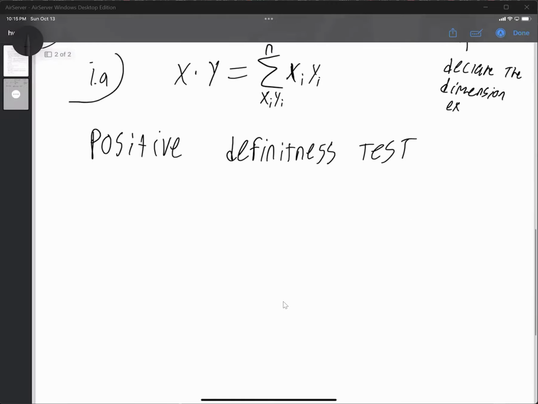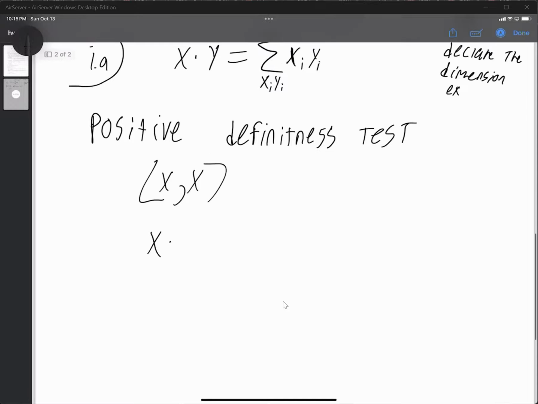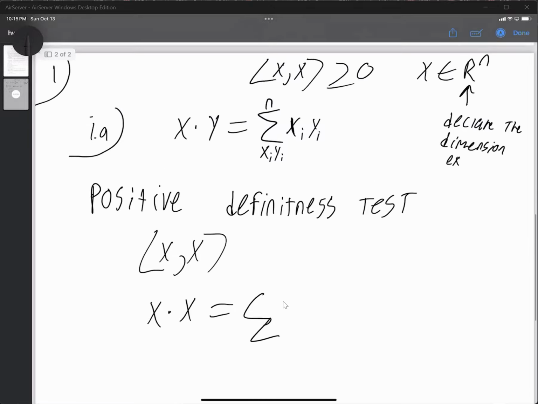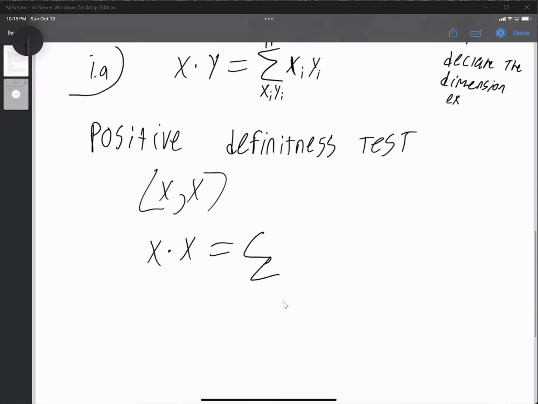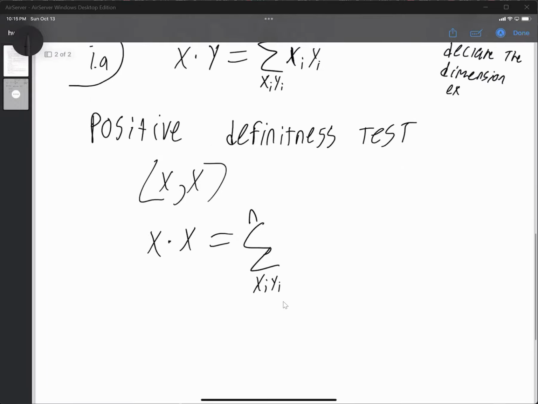So, if we declare x, then x times x summation, y will get replaced by x, and xi, yi, it'll be x squared i.